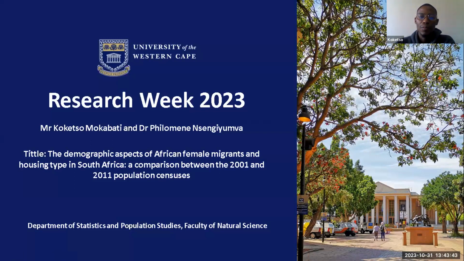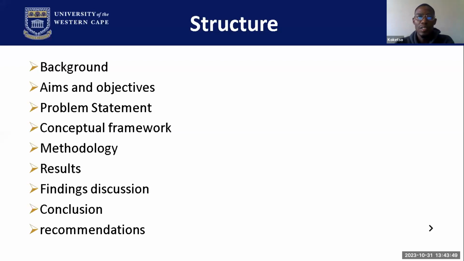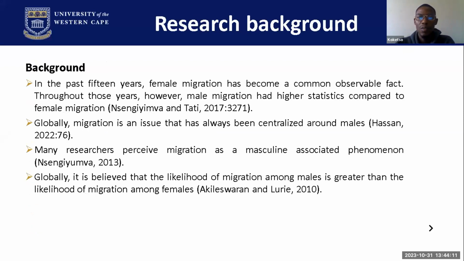I am from the Department of Statistics and Population Studies in the Faculty of Natural Sciences. I will quickly take you through the background, the aims and objectives of the study, the problem statement, conceptual framework, methodology, results, findings and discussions, conclusion and recommendations.